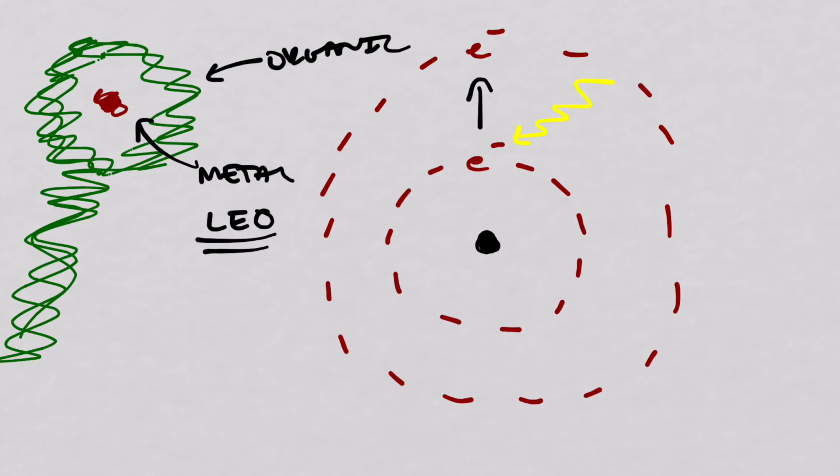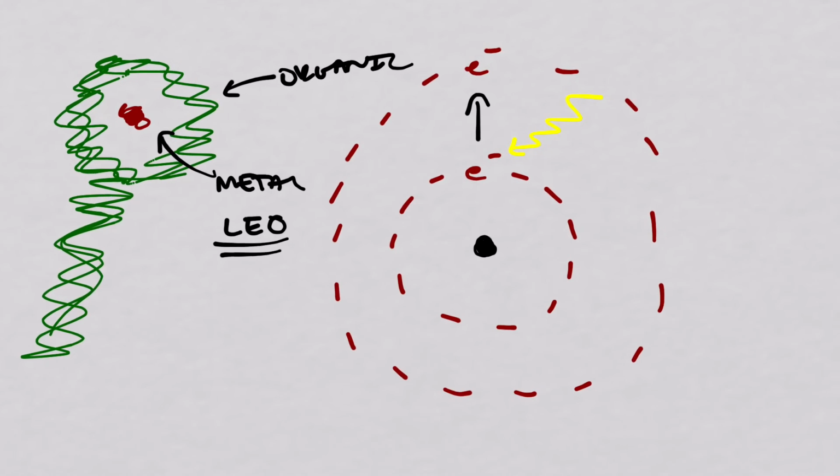So an electron can absorb a photon and go up, and conversely, it can also emit a photon and then drop back down. So there's this relationship between absorbing photons, bumping up orbitals, and then emitting photons and dropping back down.